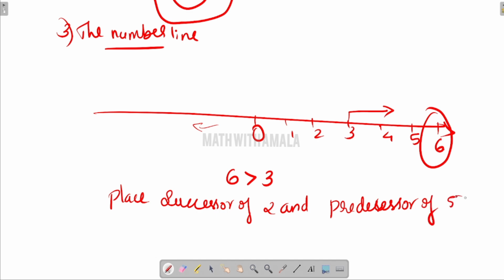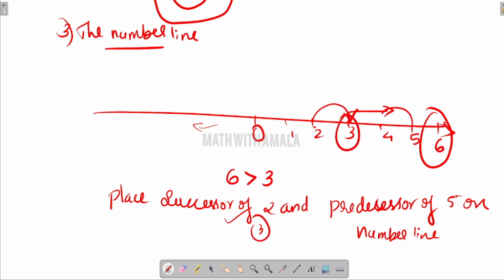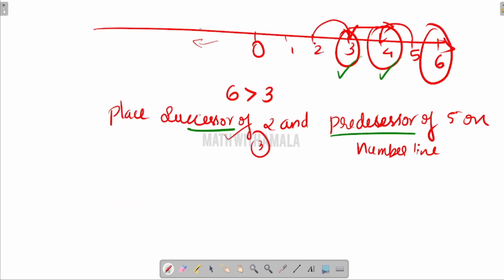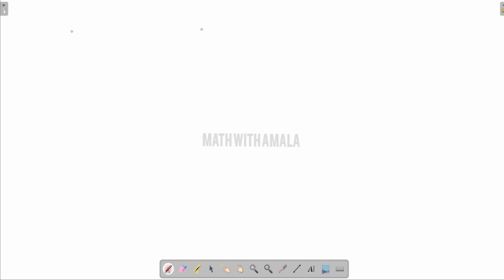Let's take 6. 6 is greater than 3, that we know. So only after 3 can you place 6. Place the successor of 2 and the predecessor of 5 on the number line: the successor of 2 is 3, the predecessor of 5 is 4. So you can represent them like 3 and 4. You can just circle them.